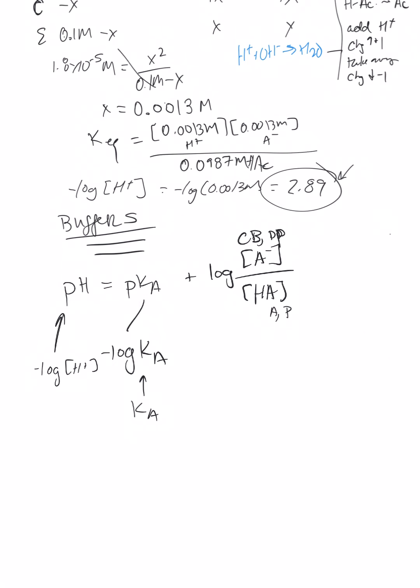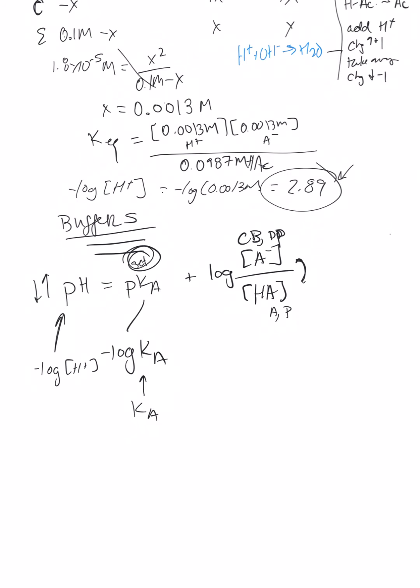So what this tells us is our pKa is set for a particular acid or base. All right, so our pKa is never going to change. So when we have a buffer, we start off at our pKa, our pH will go up or down depending on the ratio of these two.